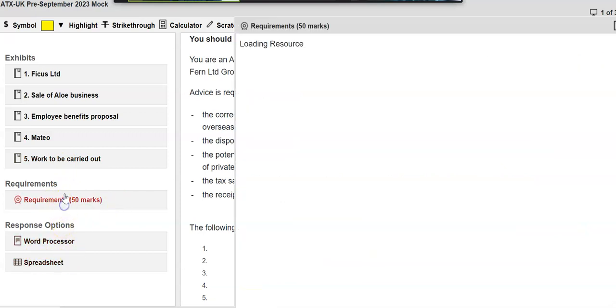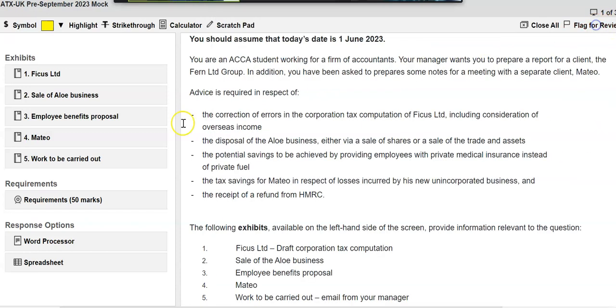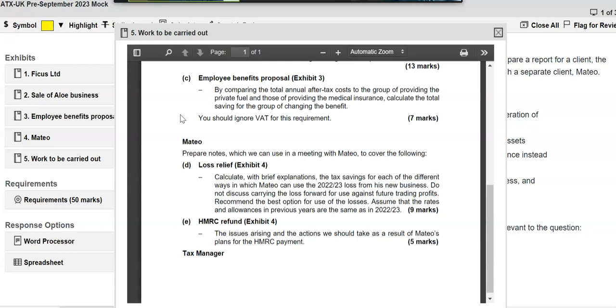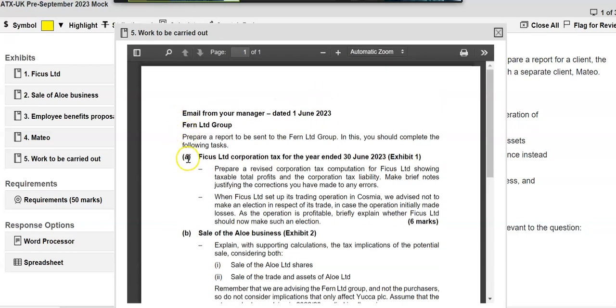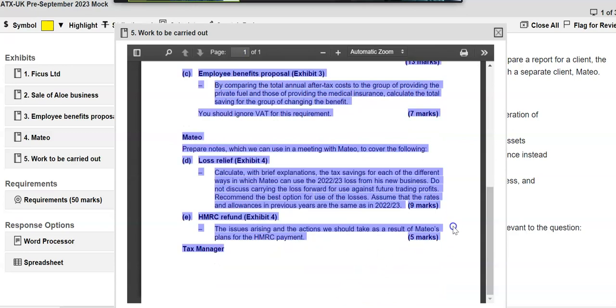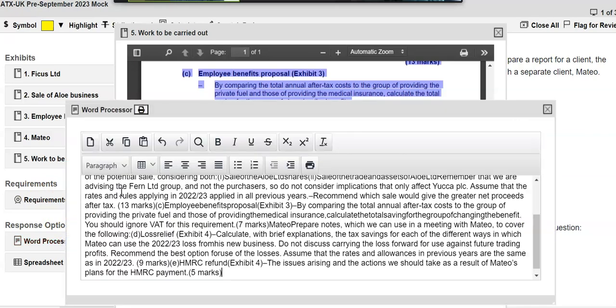So the first thing I'll do is I will copy the requirements from the work to be carried out tab. So from this part going forward to this, I'll copy it, Control C, I'll go to this, Control V, paste.